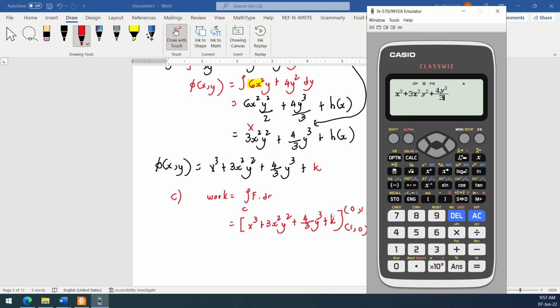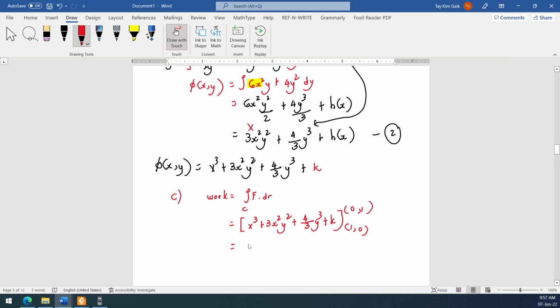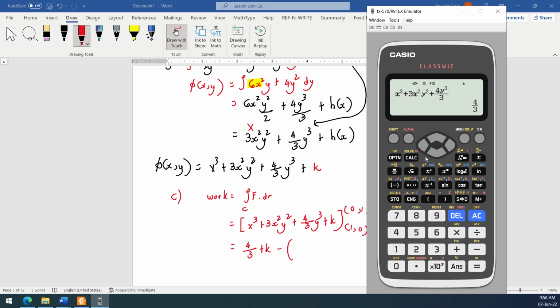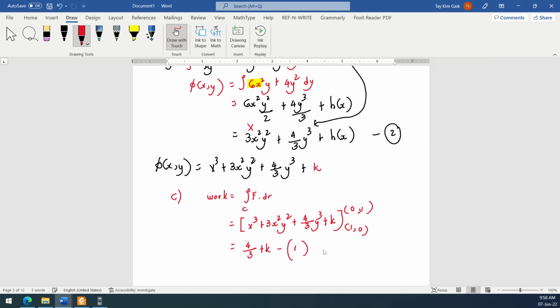The k will cancel out, because upper limit deduct lower limit. For the upper limit, x is 0, y is 1, get 4 over 3 plus k. Minus, for the lower limit, x is 1, y is 0, the answer is 1 plus k.